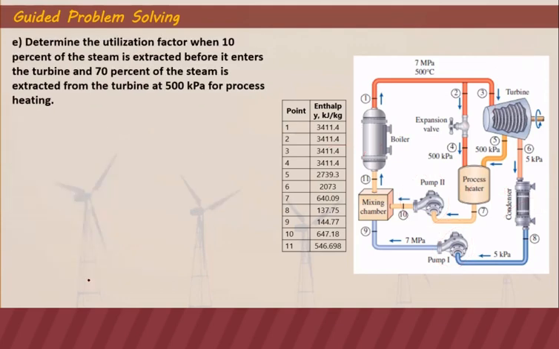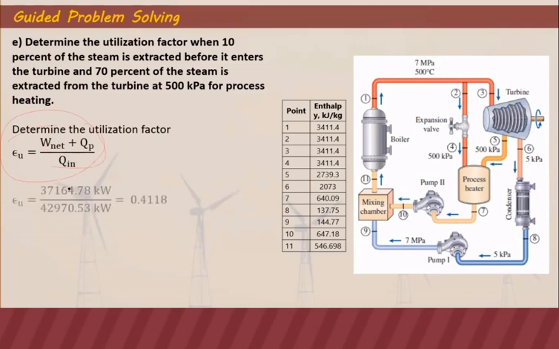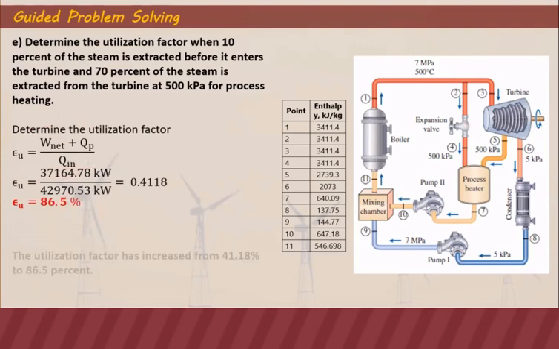And now we can get the utilization factor. So the utilization factor is just this one. And since we already have work net plus QP and Q in, we just substitute those values to get the utilization factor as 86.5%.